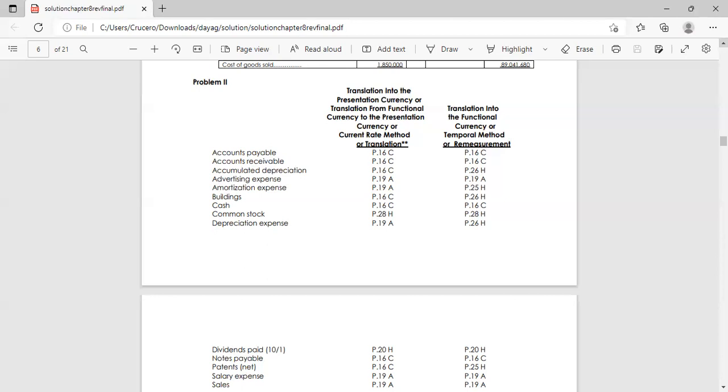Looking at the exchange rates given for one FCU, on December 31, 20x9, we use 0.16.